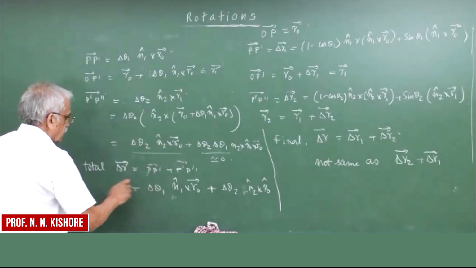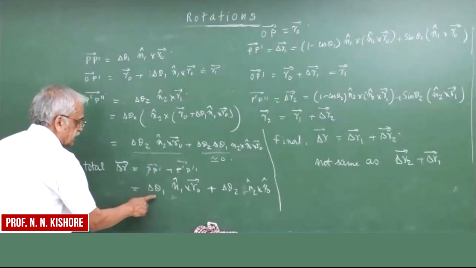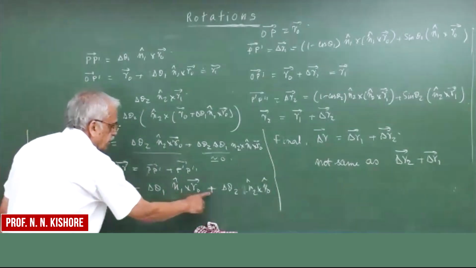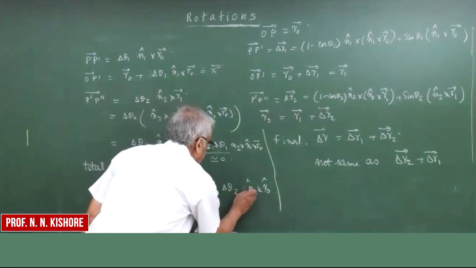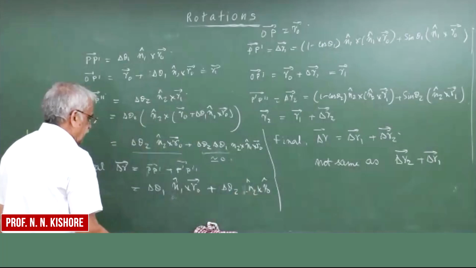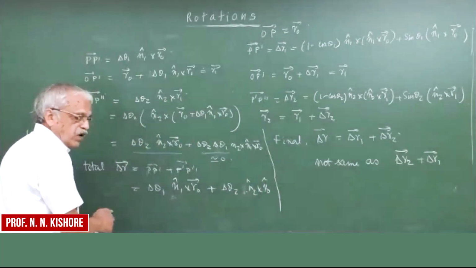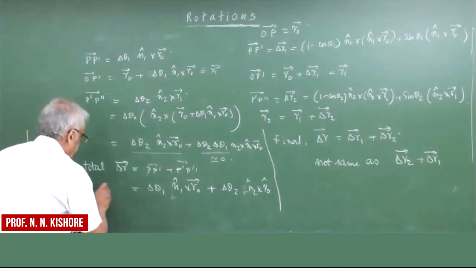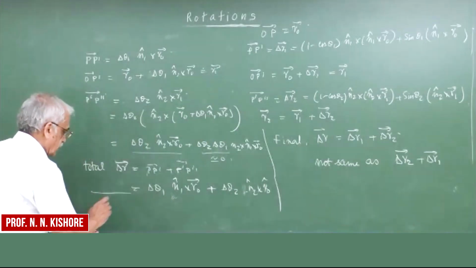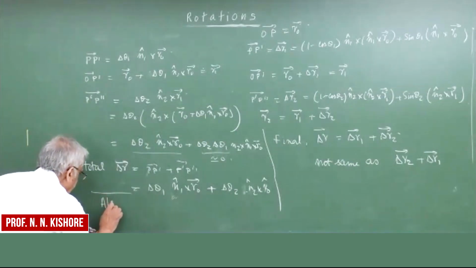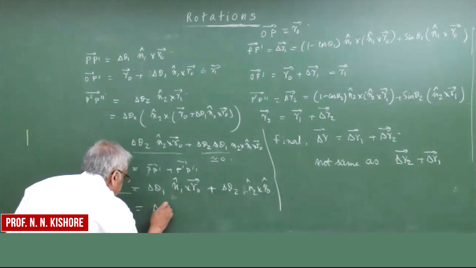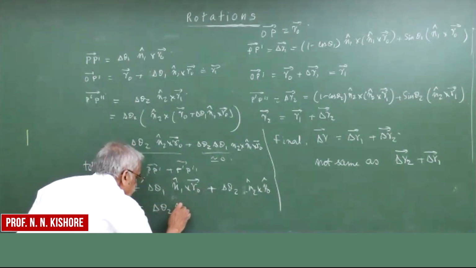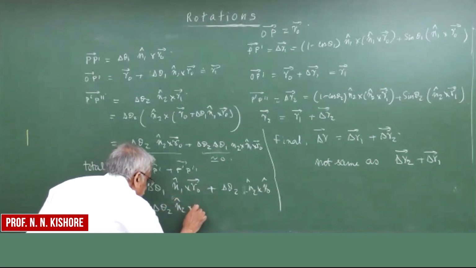Okay, for this one, the total ΔR is Δθ1 n1 R0 plus Δθ2 n2 R0. If you change the order, it will become n2 R0 first.